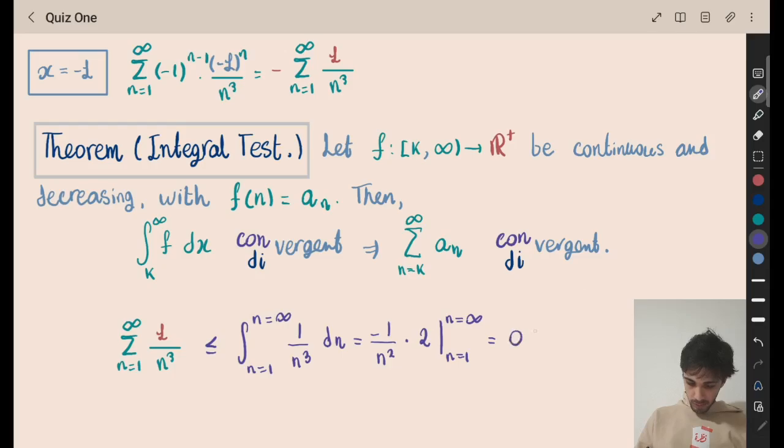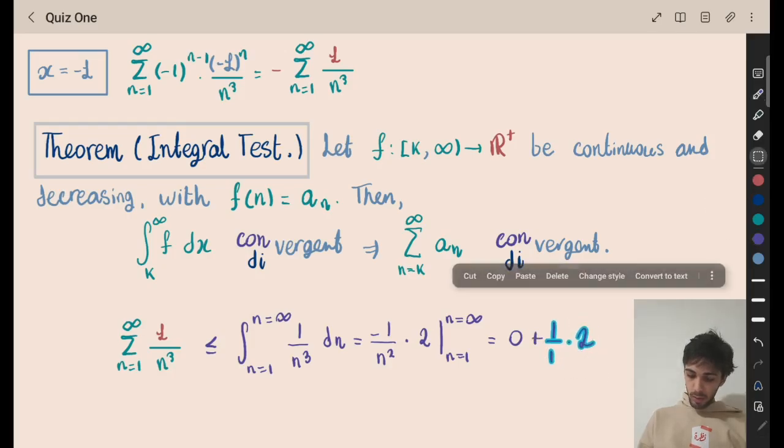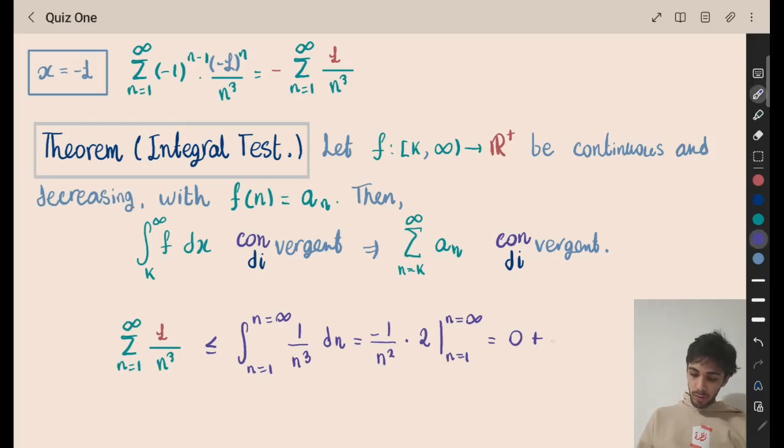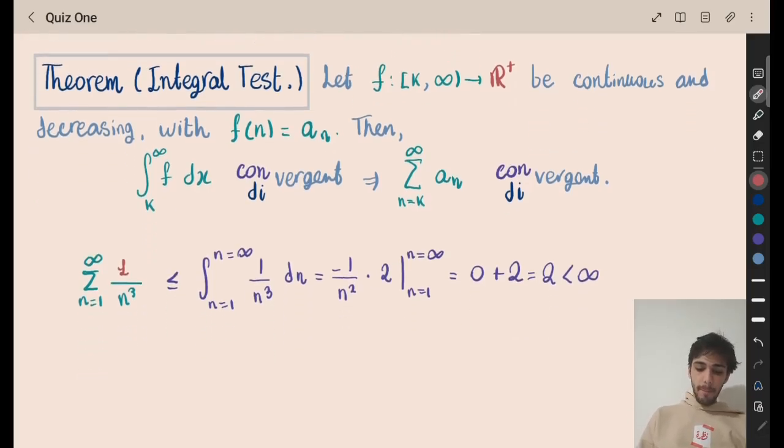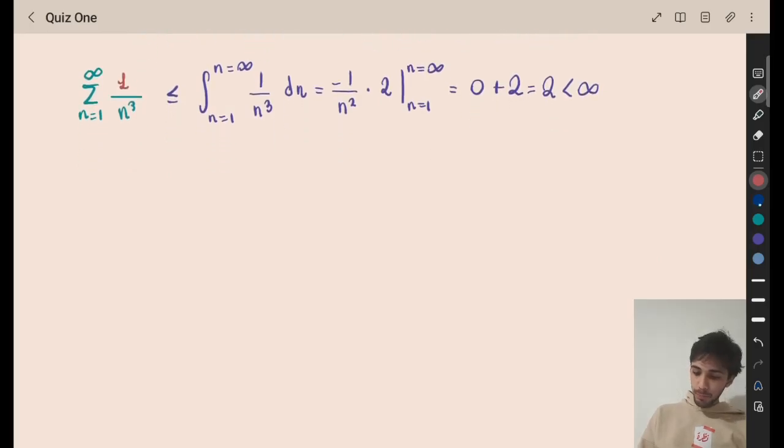It is actually going to give us 0 minus negative 1 over 1 squared times 2. Gives 0 plus 2, which is equal to 2, which is less than infinity. I don't really care about what happens. All I care about is that it's finite. And if it's finite, then this also converges. And this is amazing because now, here's what I can say.